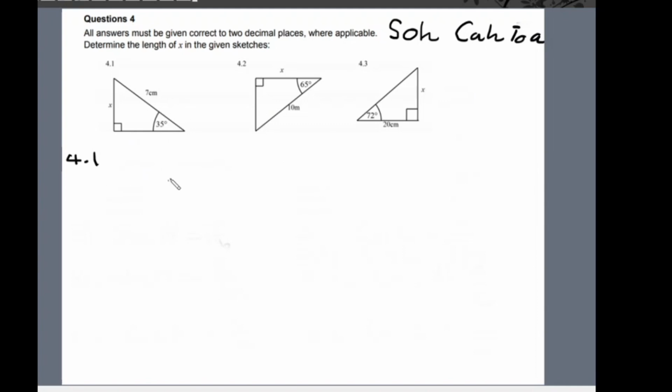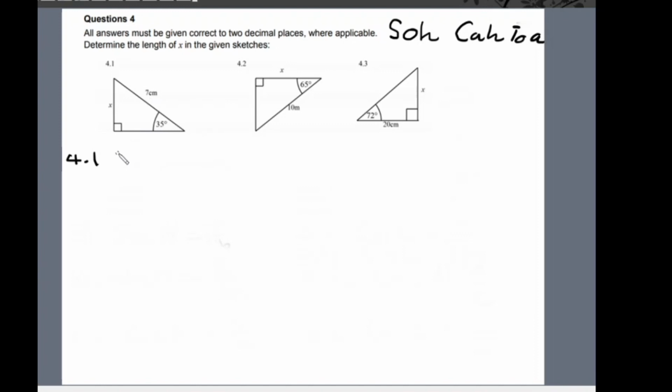So in 4.1 they have given us the angle and asked us to calculate x. Notice that x is opposite this angle, therefore we can use sine, right? We can use sine to calculate x, because sine 35 will be equal to opposite over hypotenuse, which is x over 7.